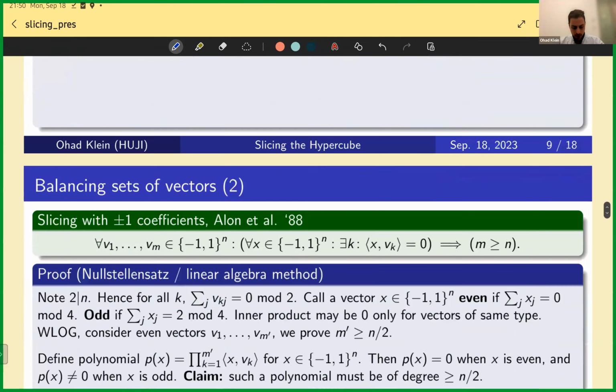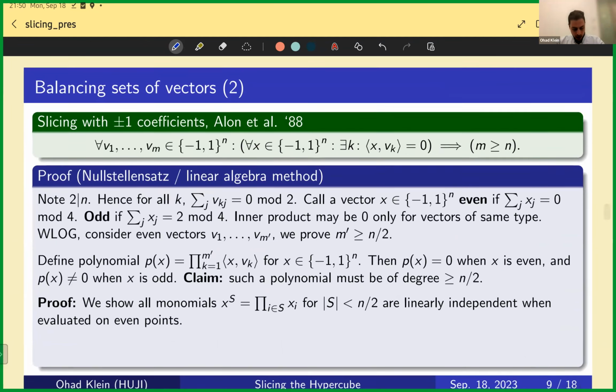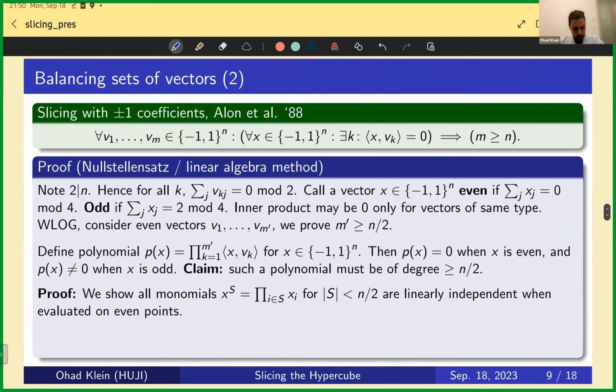So how do we show that the degree of this polynomial is at least n over 2? We present the polynomial p as a sum of monomials. A monomial is just the product of some of the coordinates in x.